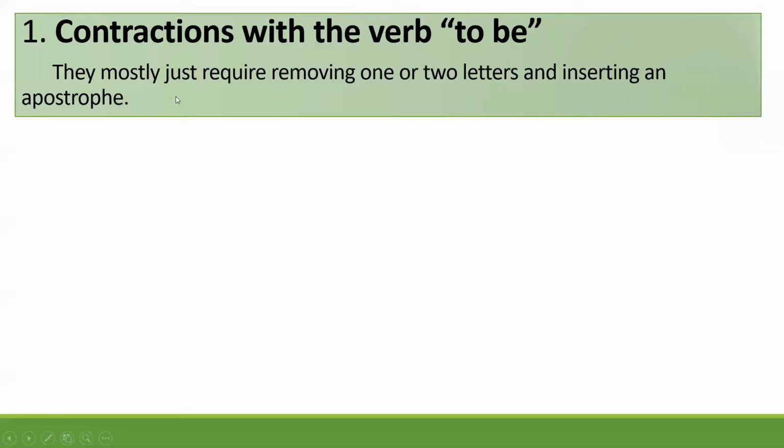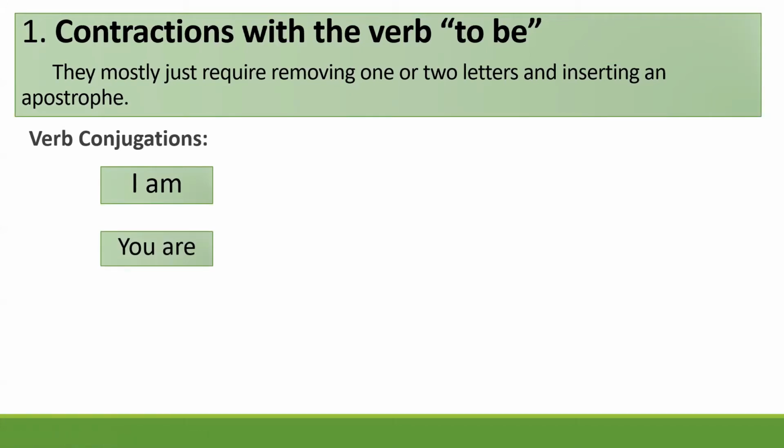They mostly just require removing one or two letters and then inserting an apostrophe. Let's have an example. We have here some of the verb conjugations of the verb to be. For example, we have the phrase I am, you are, he is, and she is.